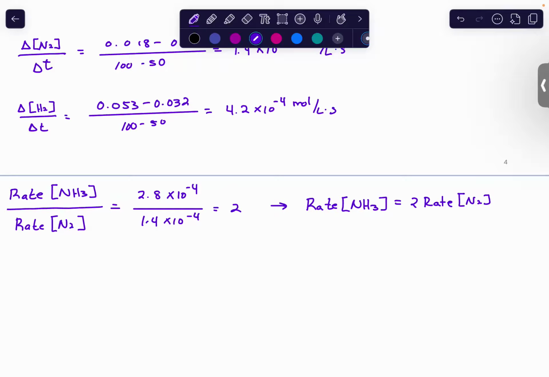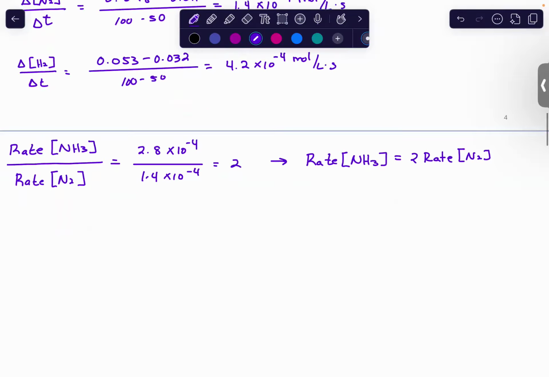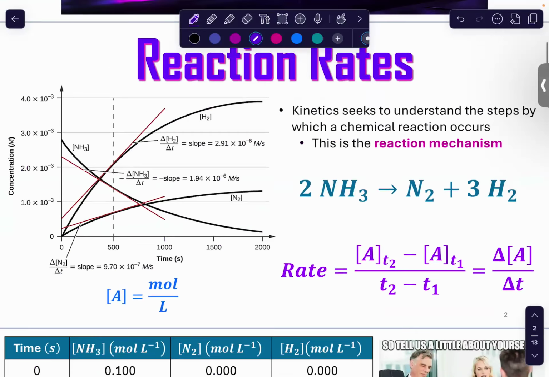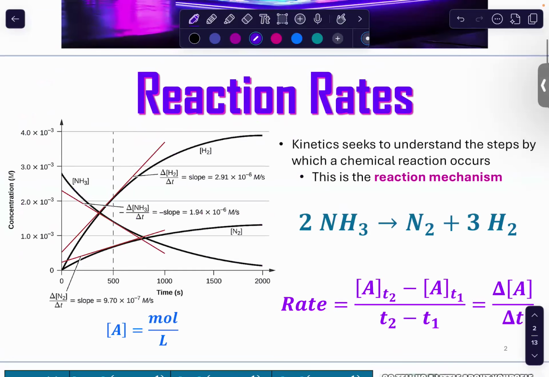Let's compare H2 and N2. I chose that because if you look at the equation here, N2 is the one without a coefficient. So I'm trying to compare everything to that. You can compare the others if you want to, but you're going to start getting fractions like 2/3, 3/2.